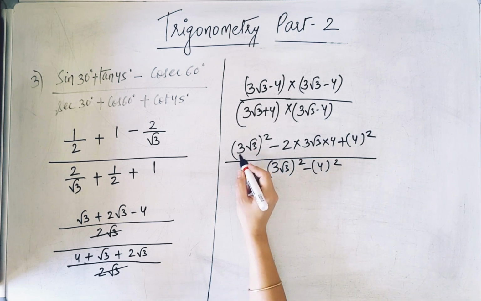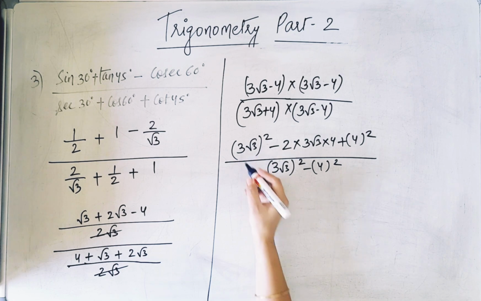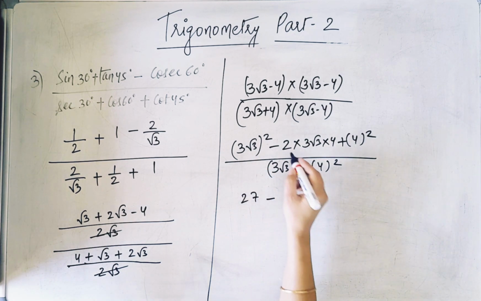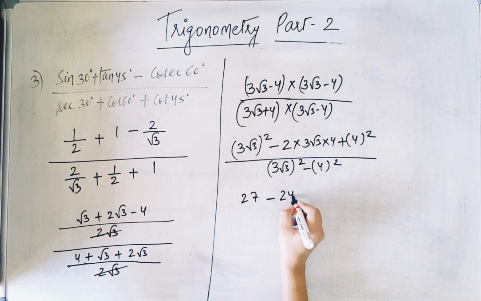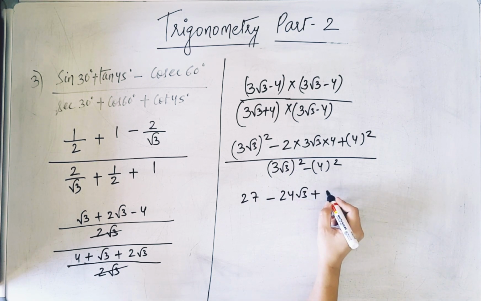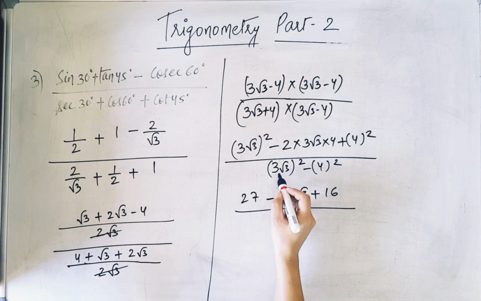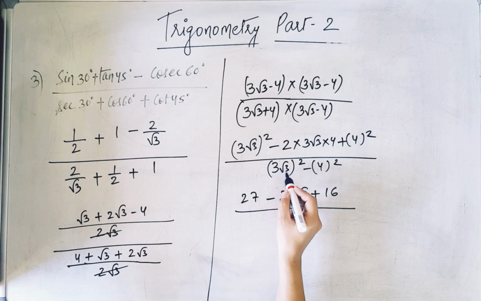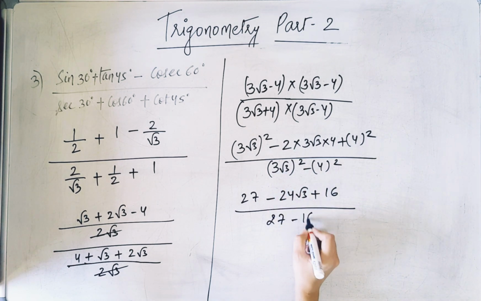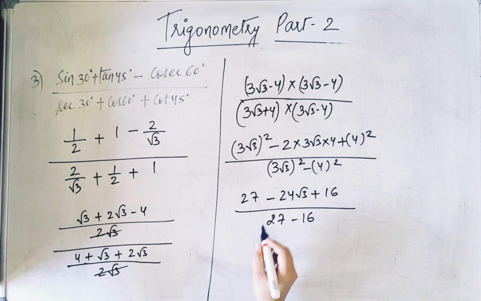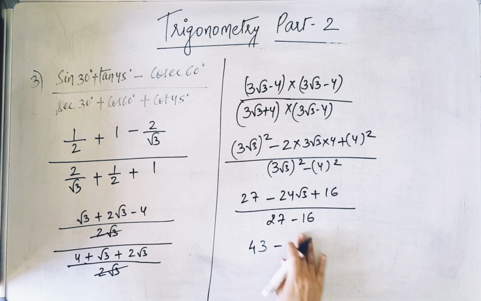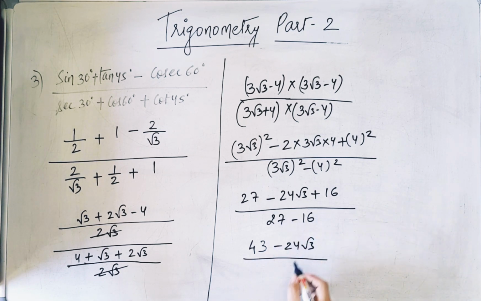So 3 3s are 9 and the square of root 3 is 3. We'll get 27 minus 2 4s are 8, 3s are 24 root 3 plus the square of 4 which is 16, by the square of 3 which is 9 into 3, 27 minus 16. So 27 plus 16 I'll get 43, minus 24 root 3 by 11.